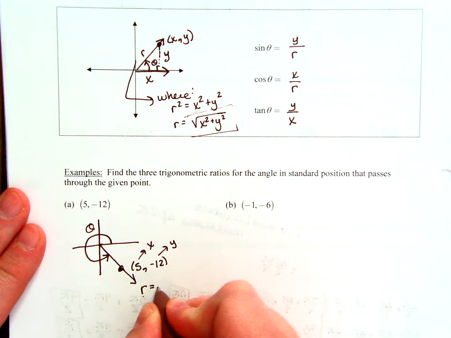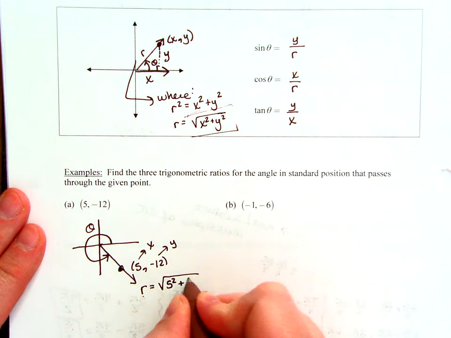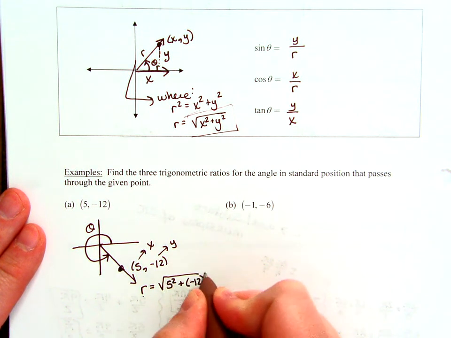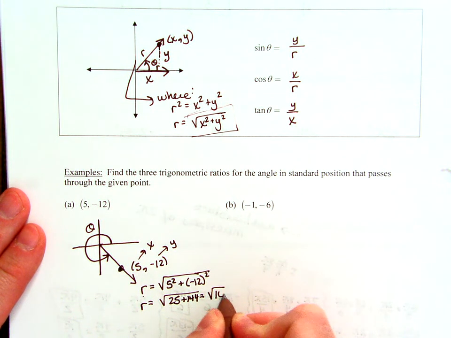r is going to equal the square root of my x-coordinate 5 plus my y-coordinate negative 12. We'll square both of those. My r looks like the square root of 25 plus 144. Square root of 169. My r is 13.